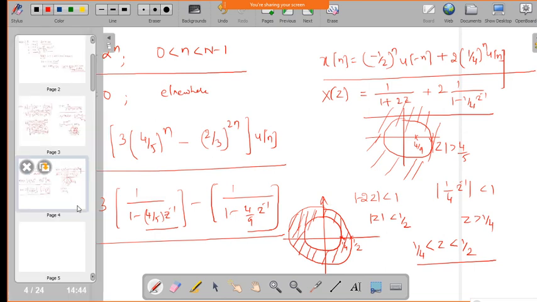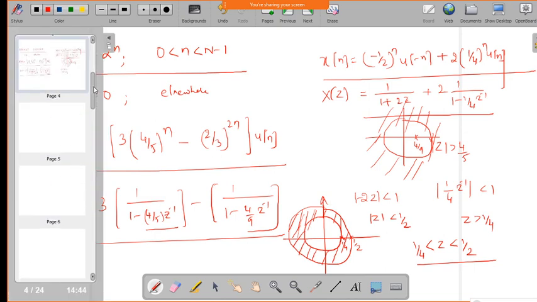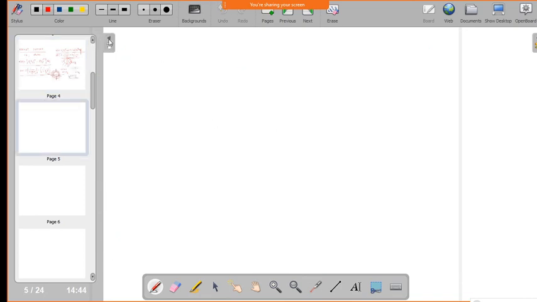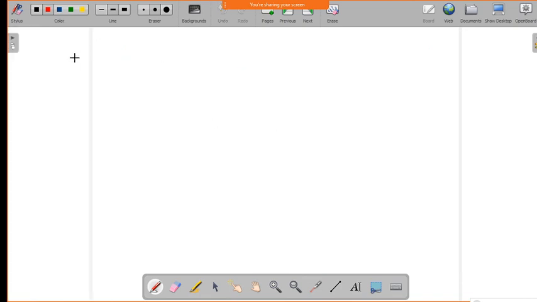Okay, so now you try to evaluate some more Z transforms in the general way. You can take x of n equal to alpha power magnitude of n, where alpha is less than 1. This is the first one.